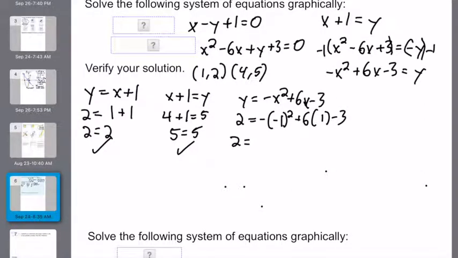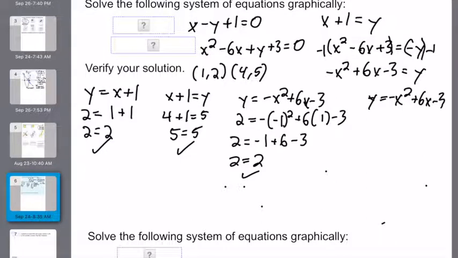Okay, here we get negative 1 squared, so a positive 1, and then that negative in front, so negative 1 plus 6 minus 3. We have a negative 4 and a plus 6, so we end up with 2 equals 2. That one's good.